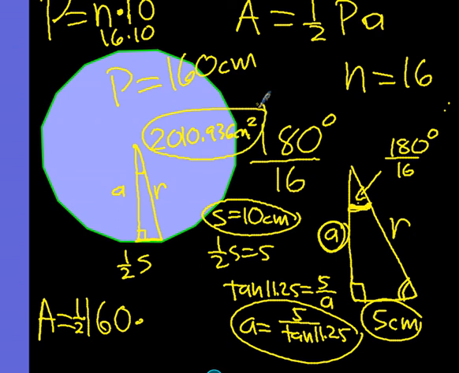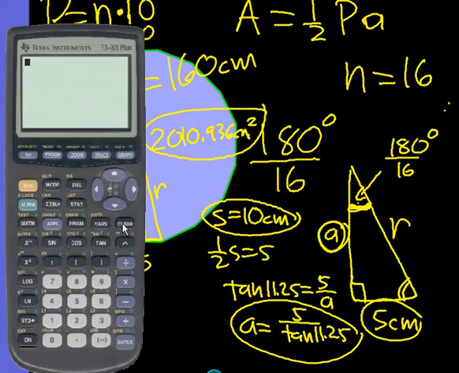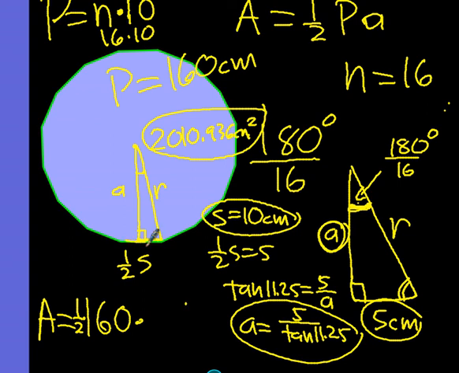I want to make sure that makes sense. One thing I didn't do was actually figure out what the apothem was. If I wanted to do that, I could just say 5 divided by tangent of 11.25. Make sure that makes sense. 25 centimeters. Does that make sense? Well, this figure is to scale, and so if this is 10, does it make sense that that's 2.5 times that?